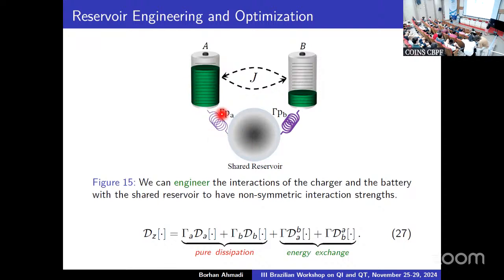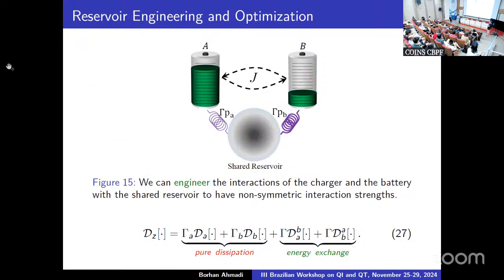But here, when a quanta of energy goes to the battery, it takes a longer way to come back. This is one of my intuitions, that it's more difficult for the energy to go back to the charger to be dissipated. And another thing is that here it allows me to engineer this interaction. This can be smaller, this can be higher. So when energy goes here, it's less likely to go back.